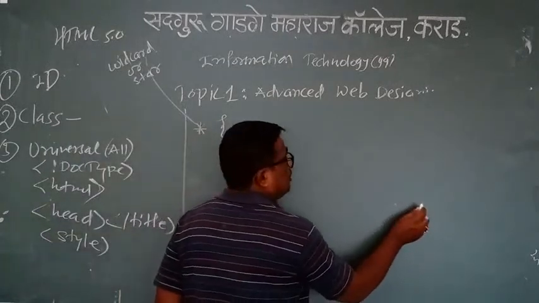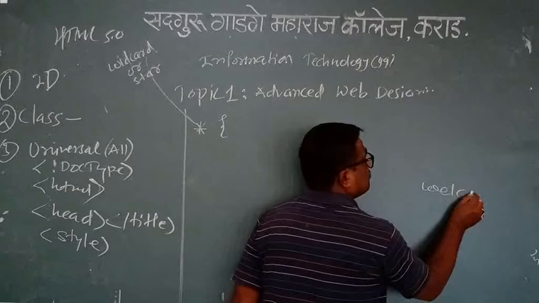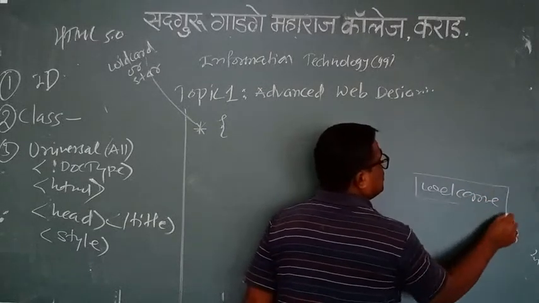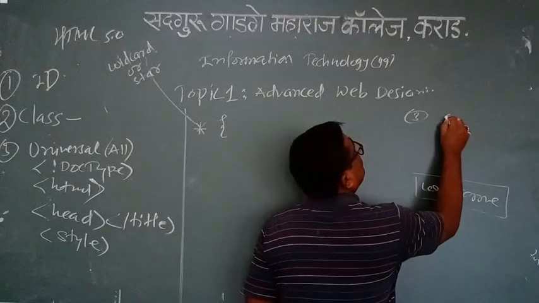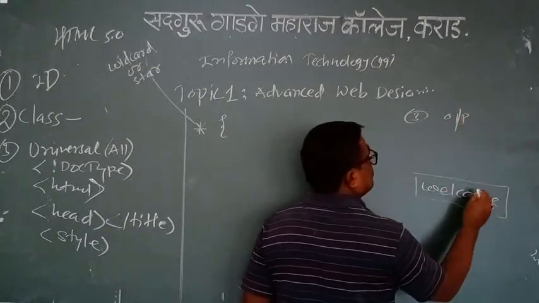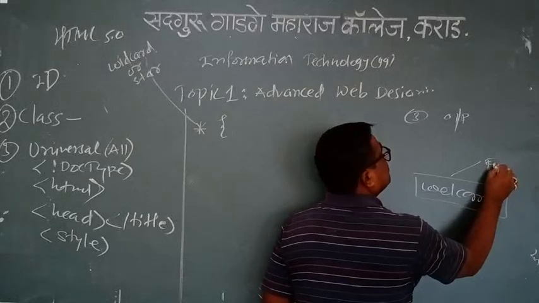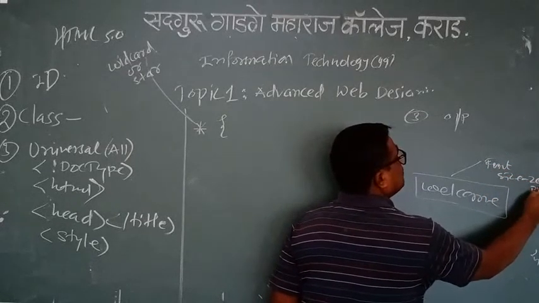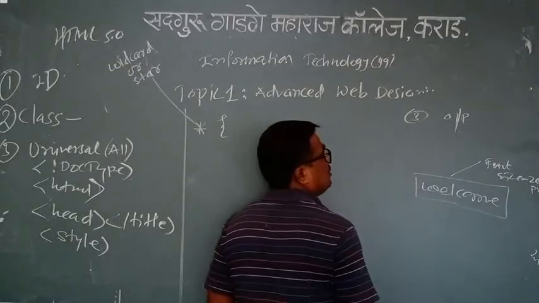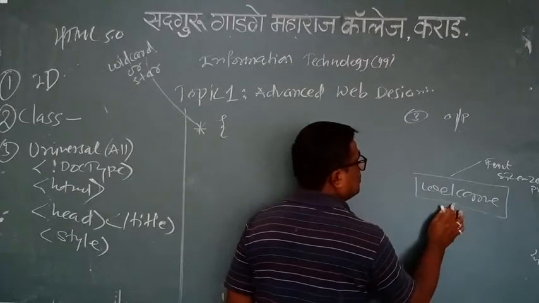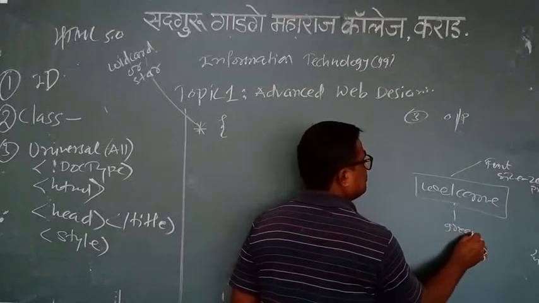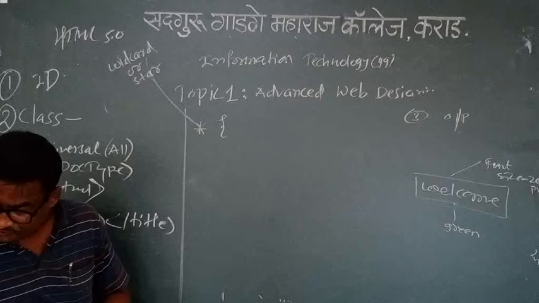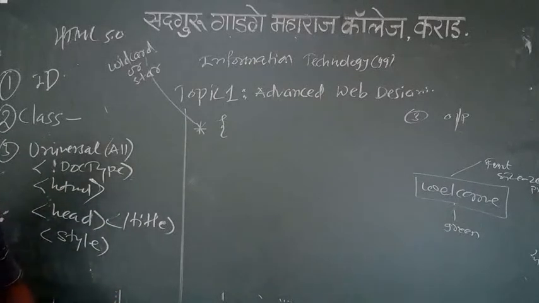Then properties and values, for example, output is welcome. For that welcome text, font size is 20 pixel and font color is green. Okay, font color is green.